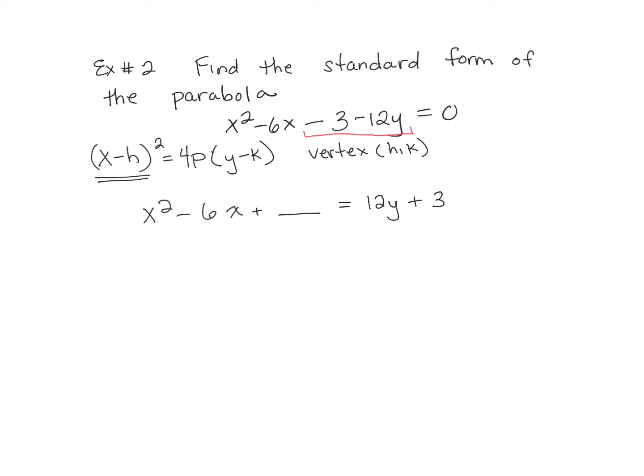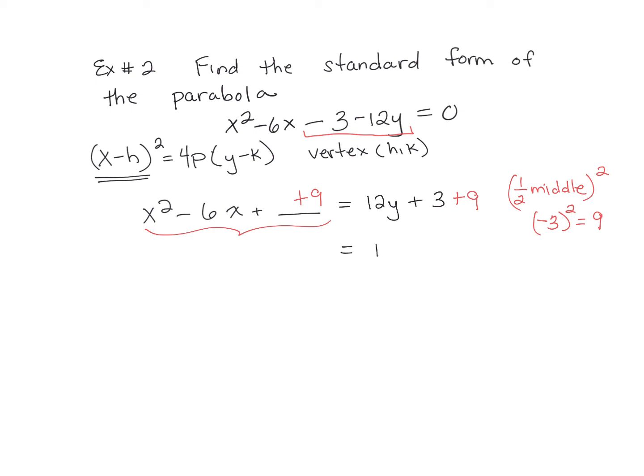Now, what we want to do is create a perfect square trinomial on this side of the equation. And the way that we do that is we take half of the middle term and we square it. So in this particular case, half of -6 is -3, and squared is going to give us 9. So we are going to add 9 to each side of this equation.